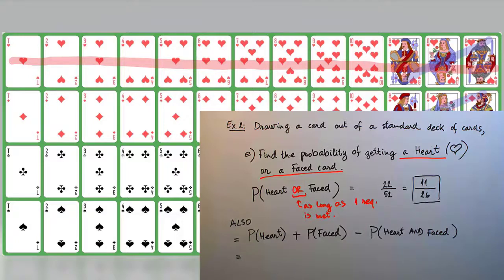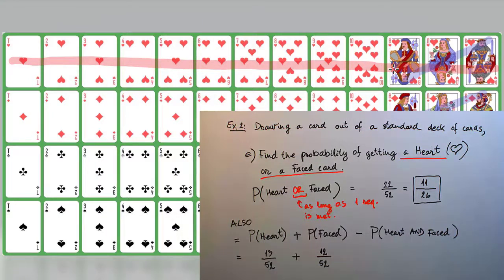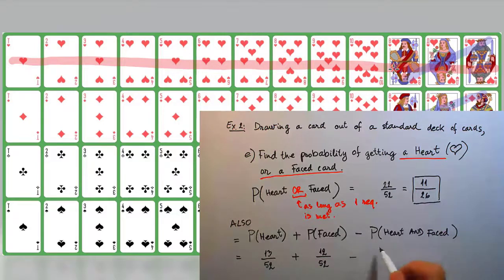In that way, the number of hearts we're looking at is 13 out of 52. The number of face cards, specifically, is 12 out of 52. Having a look at the picture one more time, these are the ones having two requirements met simultaneously, so we subtract out 3 of them out of 52.